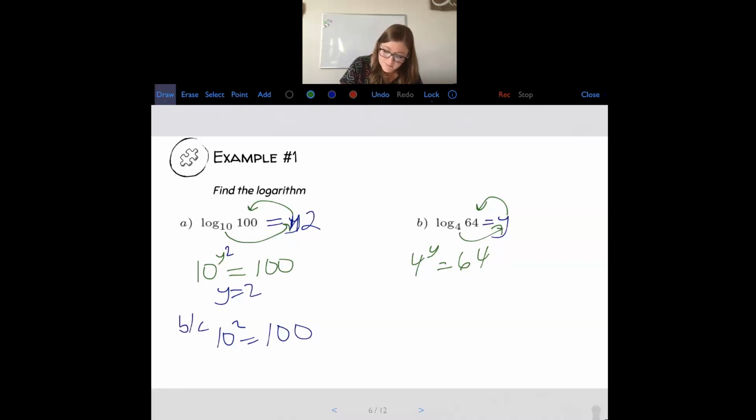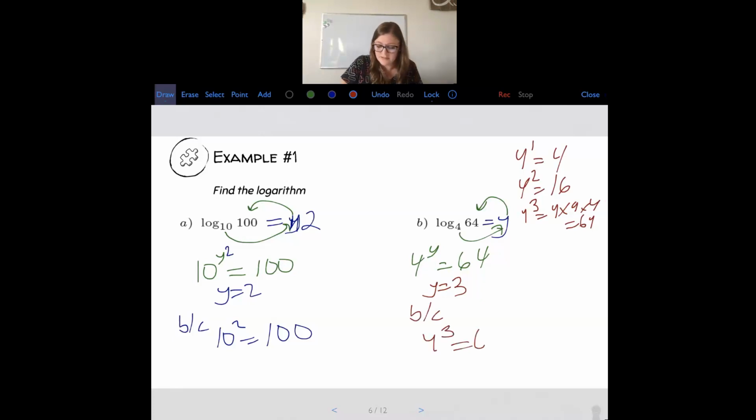If this is not something you know off the top of your head, 4 to the first is 4, 4 squared is 16, 4 cubed would be 4 times 4 times 4, which is 64. So in this case, y is equal to 3, and that's because 4 to the third is equal to 64. So the final answer for this one is 3. The final answer for the previous one is 2.